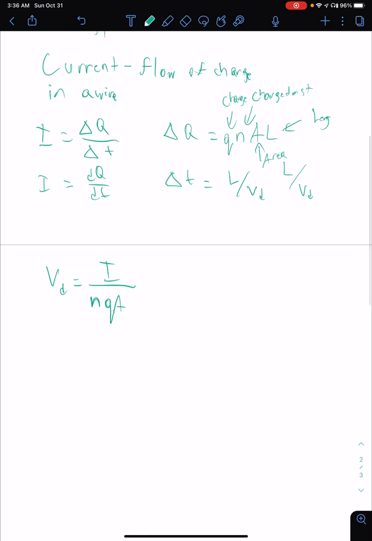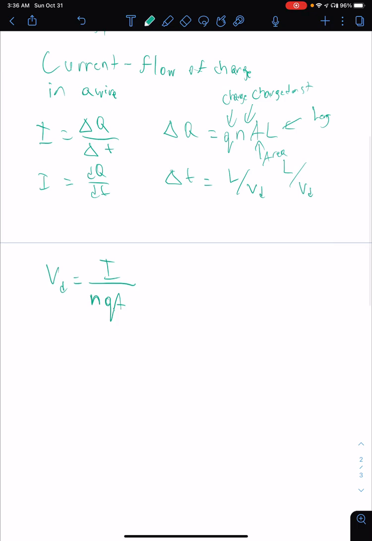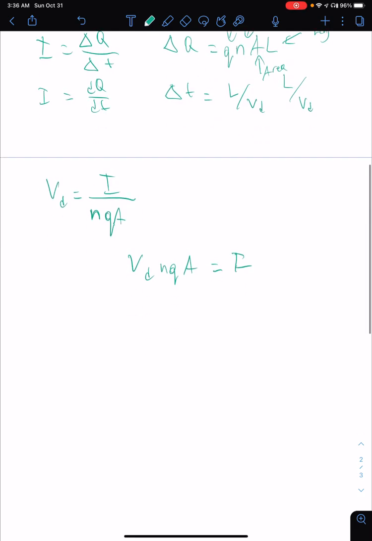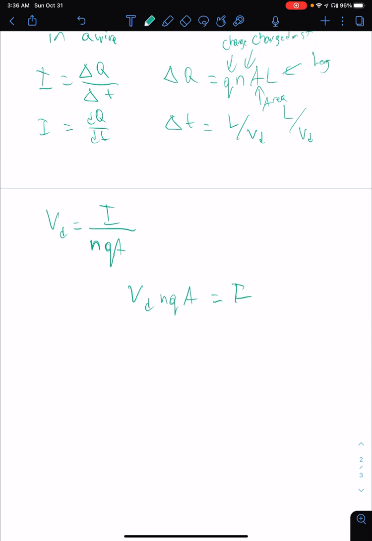Then if we do the quick algebra, what's I? Let's rearrange that: VDNQA is equal to I, which is also equal to delta Q over delta T.